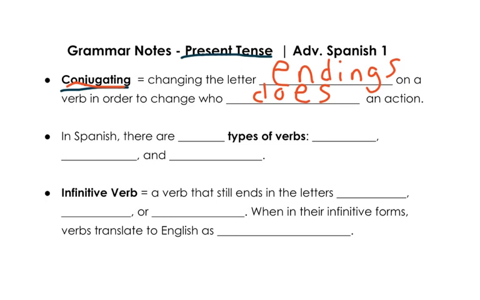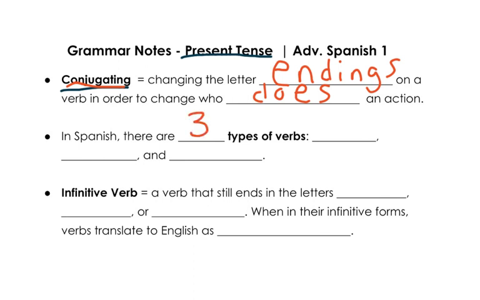And this first section of the notes might not make that much sense at first, but hopefully once you get actually doing the practice, it'll make more sense. So yeah, conjugating is when you change the letter endings on a verb in order to change who does the action.